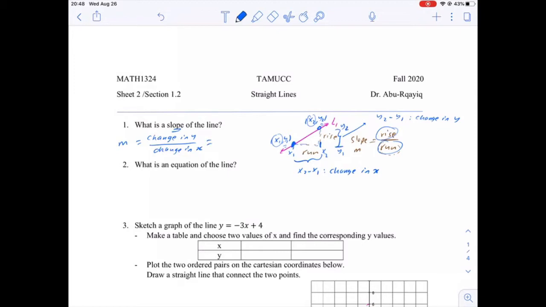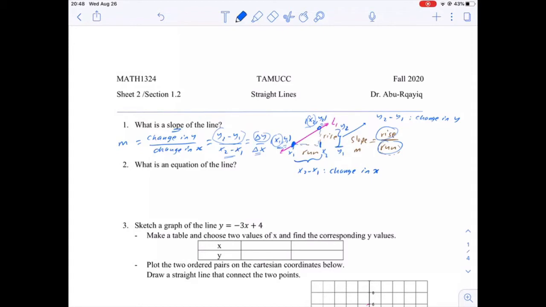And using the 2 points here, we can write it as y2 minus y1 over x2 minus x1. In some books you may see this notation, delta y, that means y2 minus y1, change in y, over delta x, change in x. When you read delta x, that means x2 minus x1. When you read delta y, that means y2 minus y1.